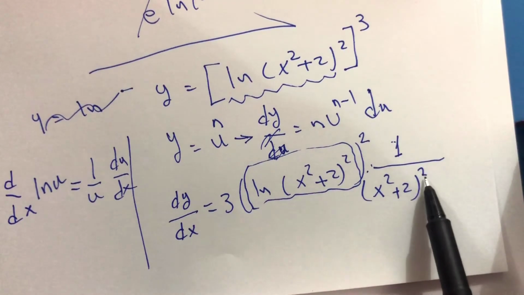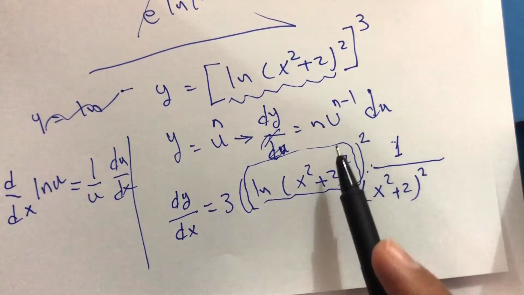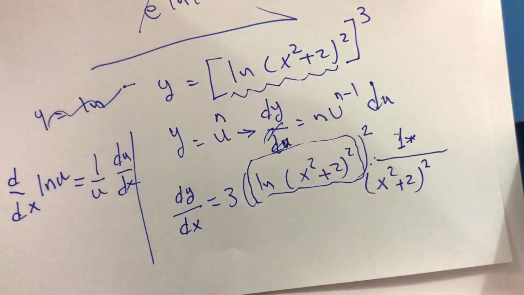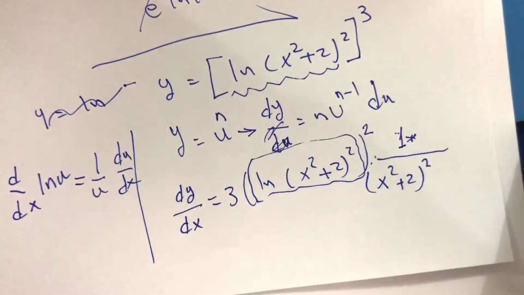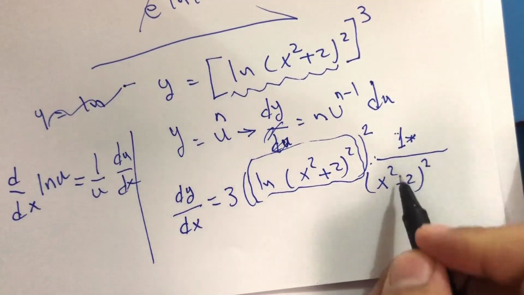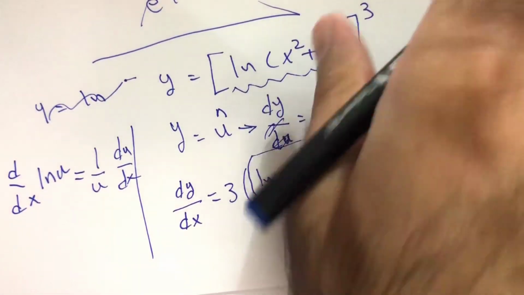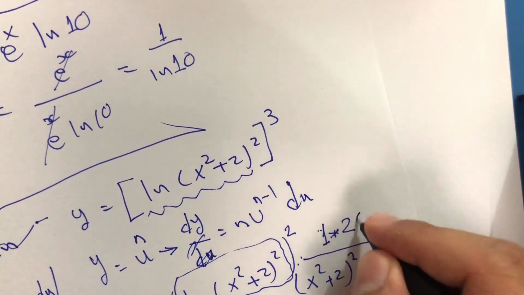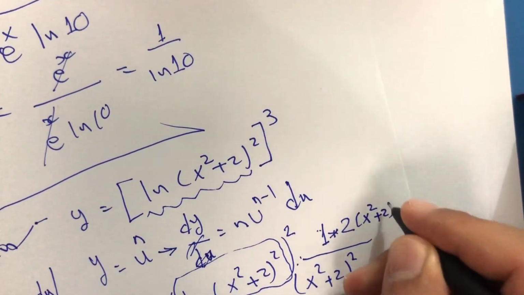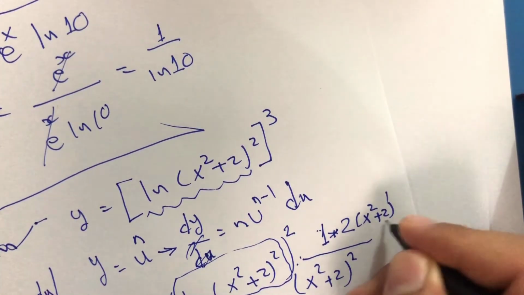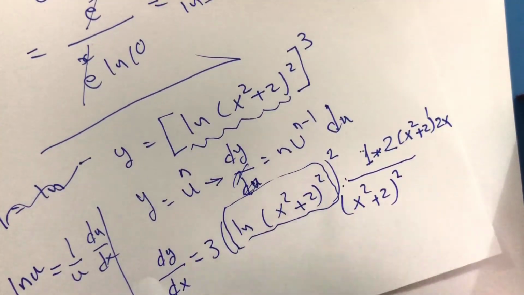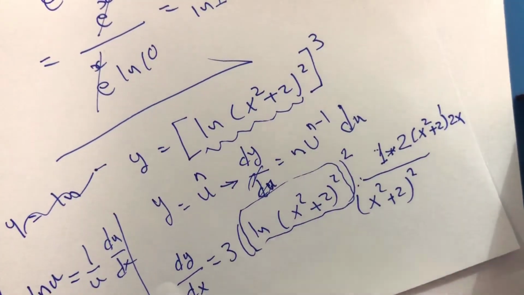We know that this is again a function to the power, so I will apply the same rule, multiplied by 2, times x squared plus 2 to the power 1, multiplied by the derivative of inside the bracket, which is 2x.